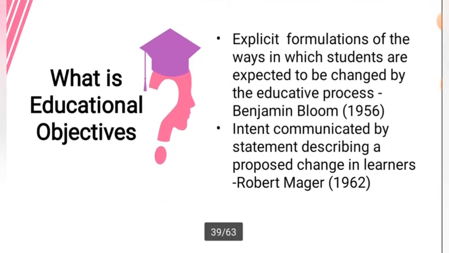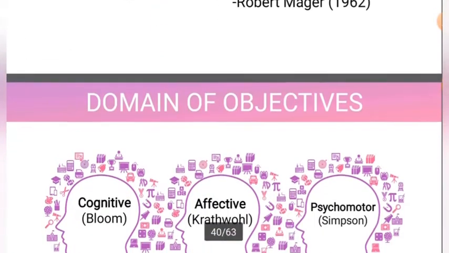Next question, what is educational objectives? So, according to Benjamin Bloom, these are explicit formulation of the ways in which students are expected to be changed by educative process. And according to Robert Mager, educational objectives are intent communicated by statement describing a proposed change in learners.